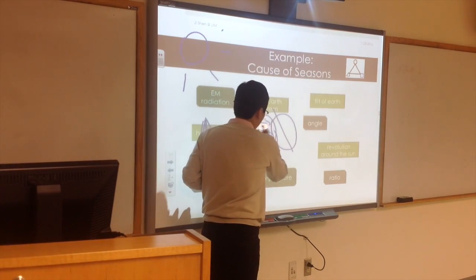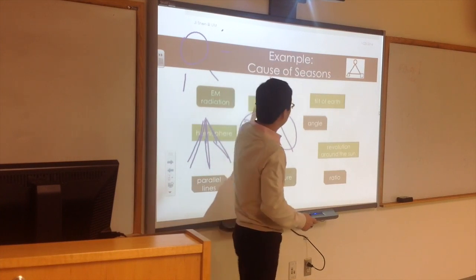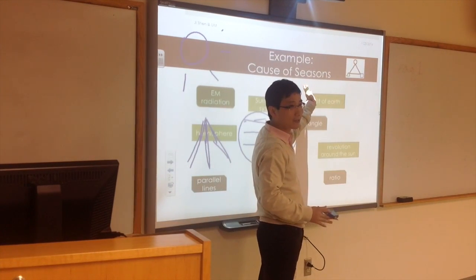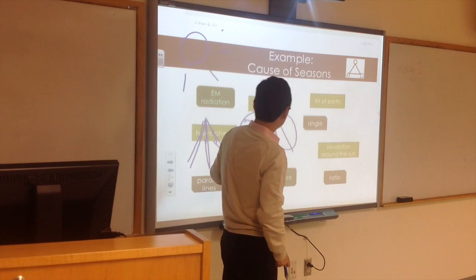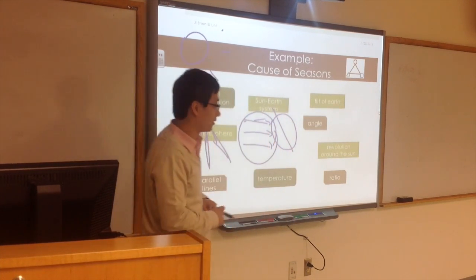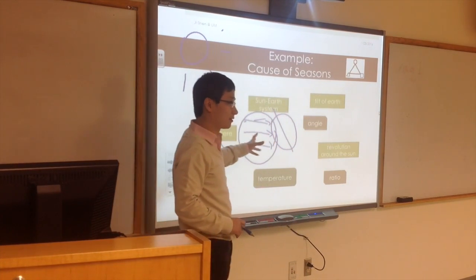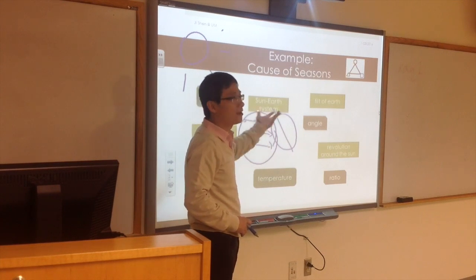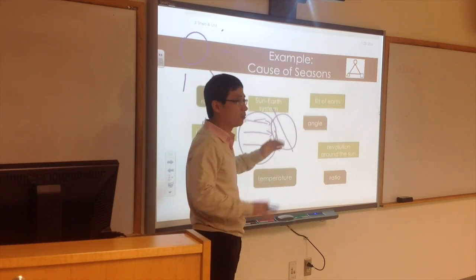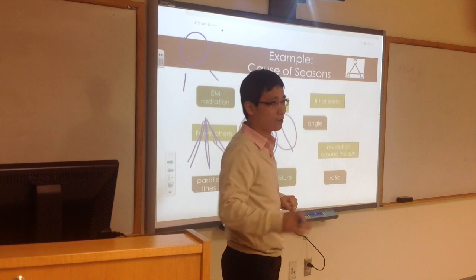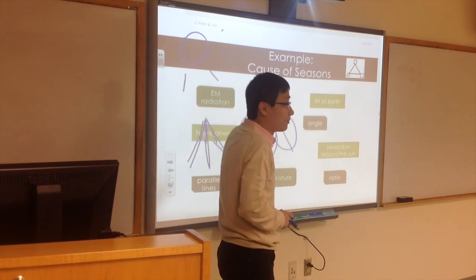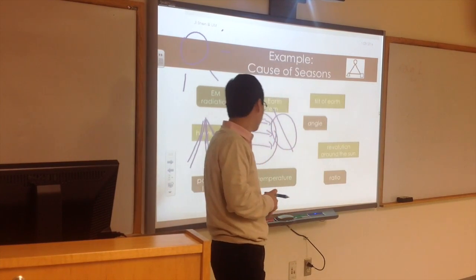Because if we do not use parallel lines, it will be much harder to explain cause of seasons. Okay? And I'll show that later. So there's already mathematics inherently in these explanations that we typically, in a science class, ignore. We don't talk about why parallel lines, right?